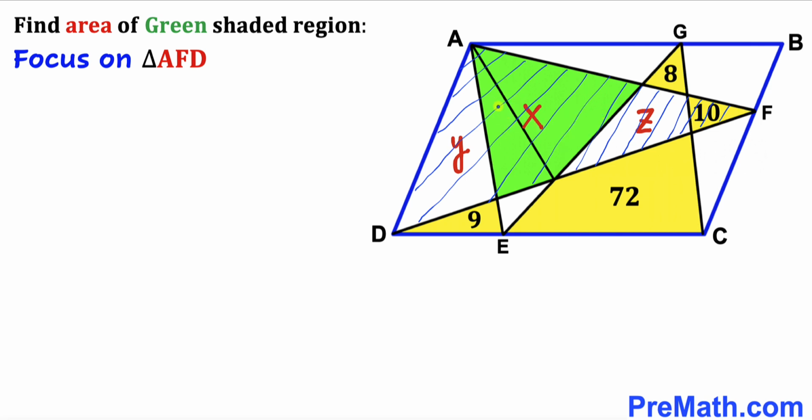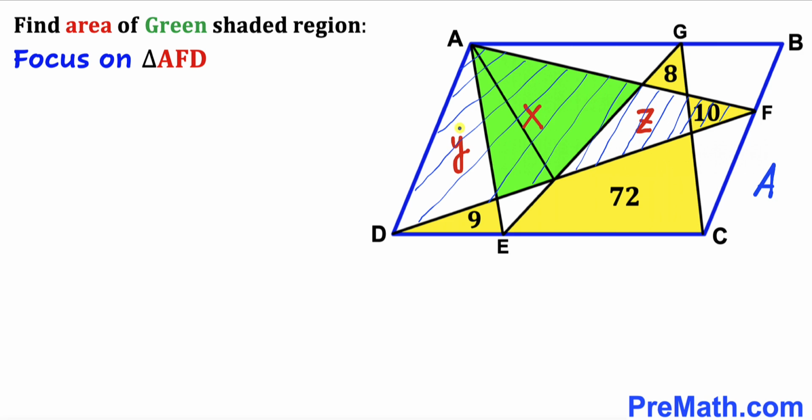We can see the area of this shaded triangle AFD is going to be the half of the area of this whole parallelogram ABCD. Let's assume the area of this whole parallelogram is being represented by uppercase A square units.